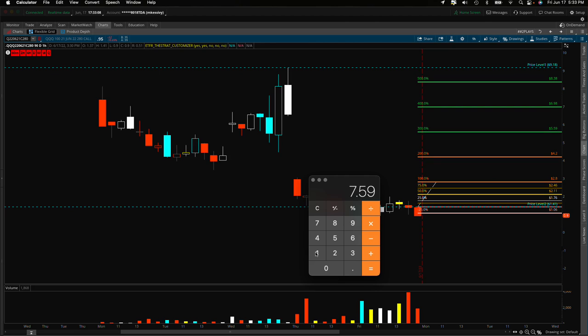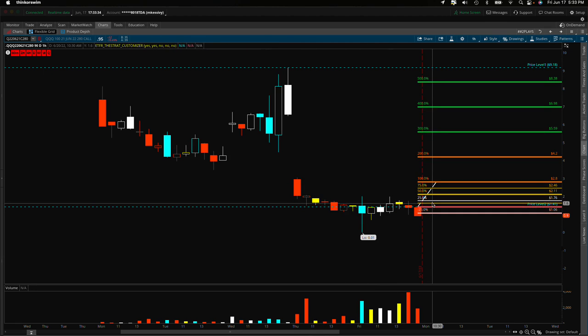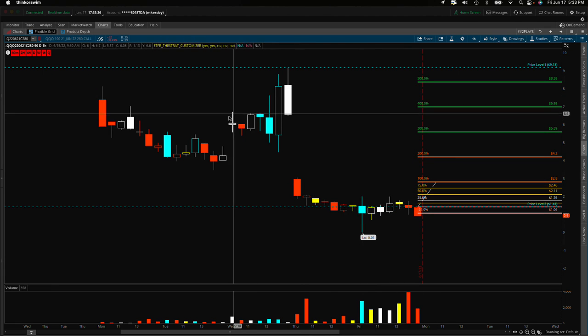Profit is $7.59, so we'll multiply that times 100 because every contract you buy gives you 100 shares. $7.59 is the profit for 1 contract, but say we buy 3 contracts, the profit is $2,277. So you're looking at a $423 investment to yield $2,277.